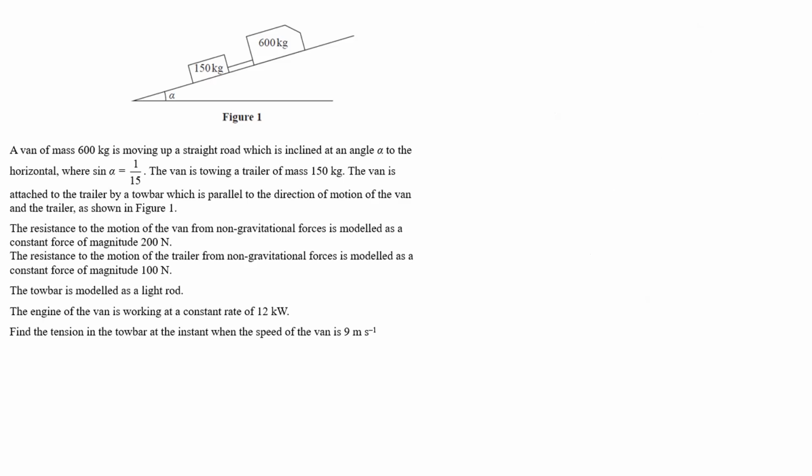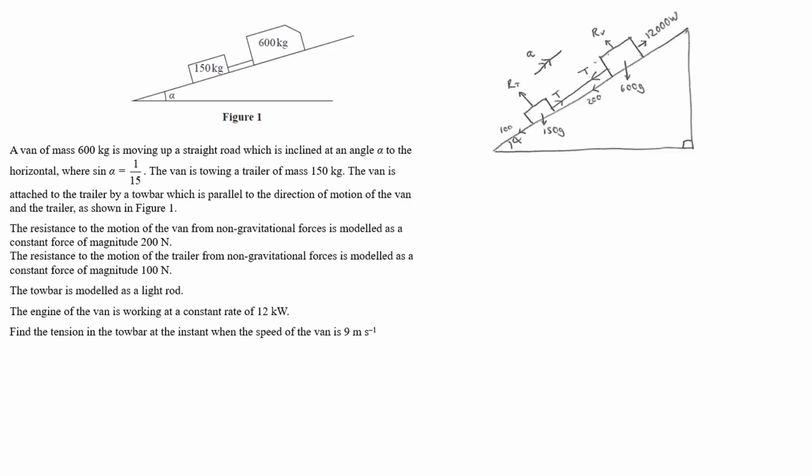There's all that information there. So I've redrawn the diagram, putting in everything that was given, and we're asked to work out the tension. So I've done an equation of motion. There's an acceleration.